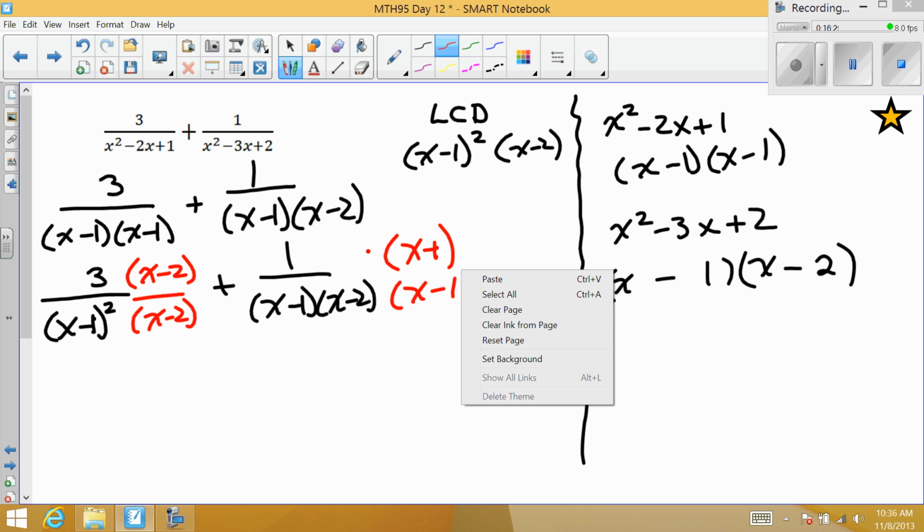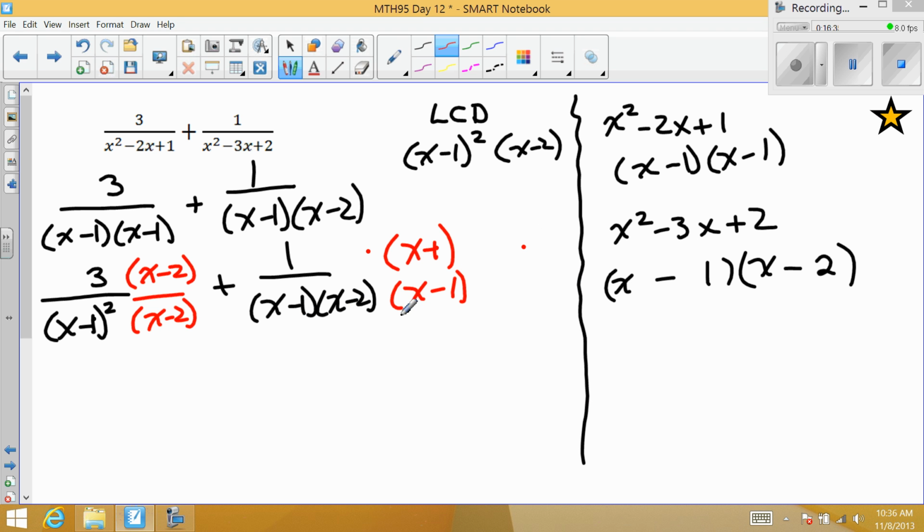So that I've got the x subtract 1 squared. Okay, so now I've got a common denominator.